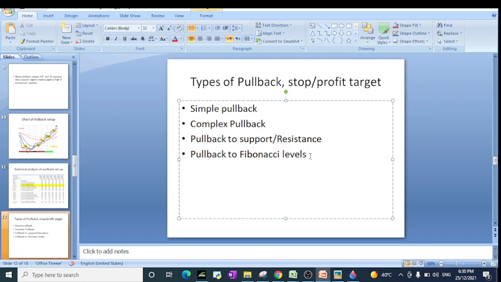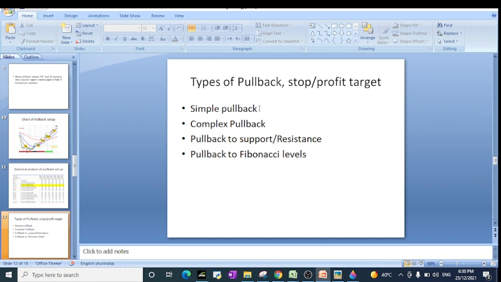Trying to implement them in a live market is very challenging. But I've done the work, so I will make the whole process of trading this setup a lot easier for you guys.